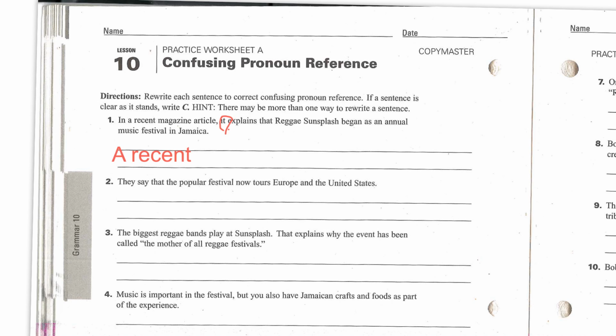A recent magazine article, spell it right, explains that, and then continue. You don't have to write the rest. Okay? That's more clear. Number 2. They say that the popular festival now tours Europe and the United States. Who's they?